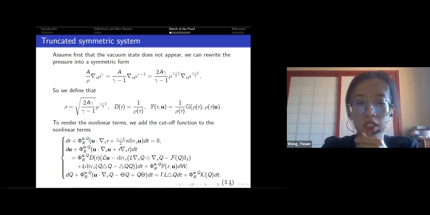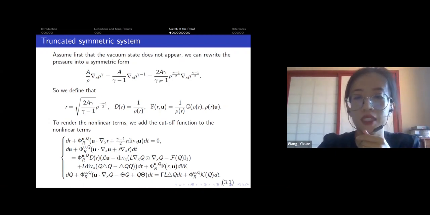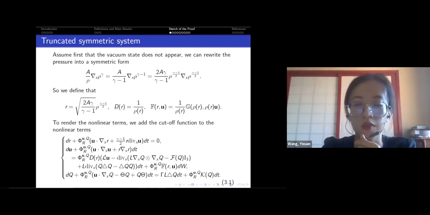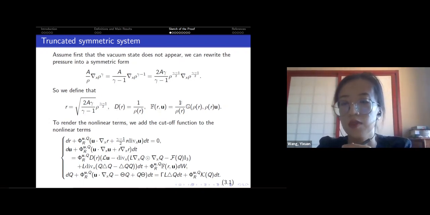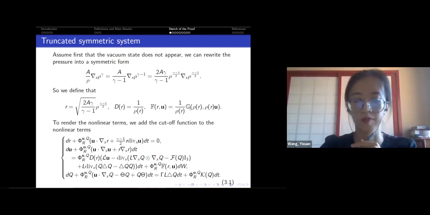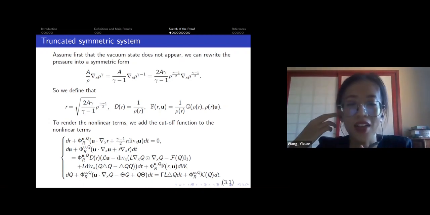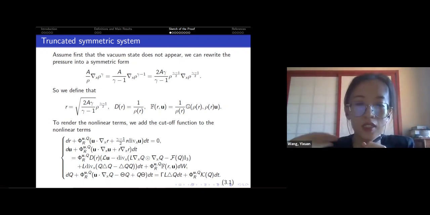If we denote r as some constant times ρ^{(γ-1)/2}, this becomes r times gradient of r. We also denote this d_r as 1/ρ, and f as 1/ρ times d.